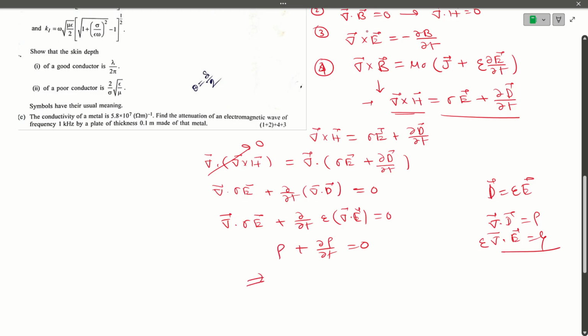From here we can rearrange these things, that is del rho by rho equals minus del T, then integrate both sides, we get ln rho equals minus T plus some constant C.